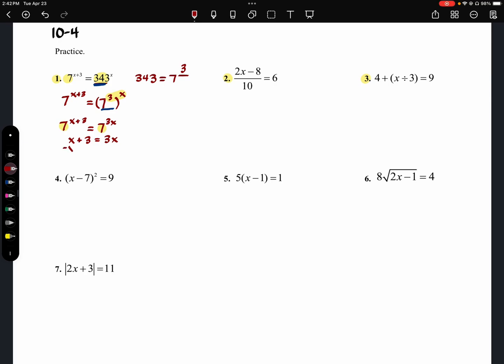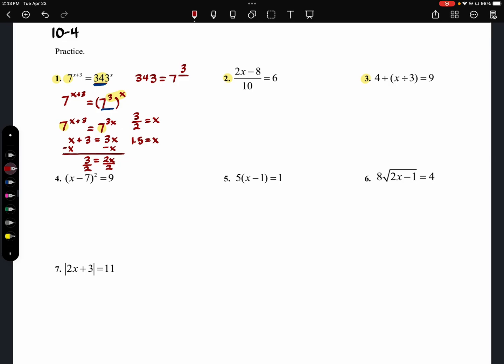and solve. So subtract x from each side, and we're going to get 3 is equal to 2x. We'll divide by 2, and it looks like we get 3 over 2 is equal to x. Or if you're more comfortable with saying 1.5 equals x, that's totally fine.